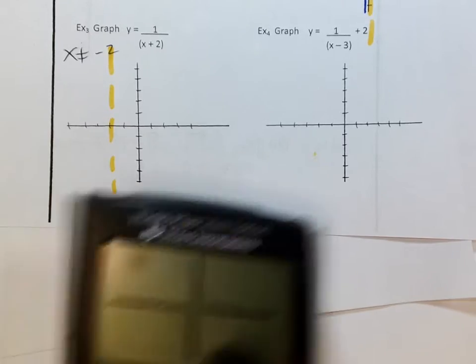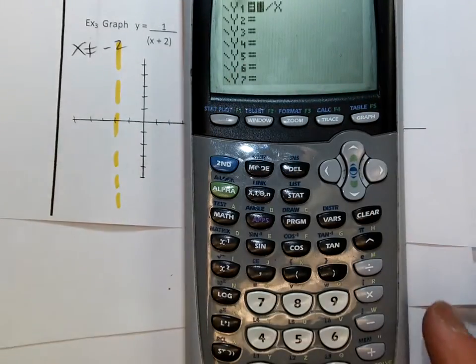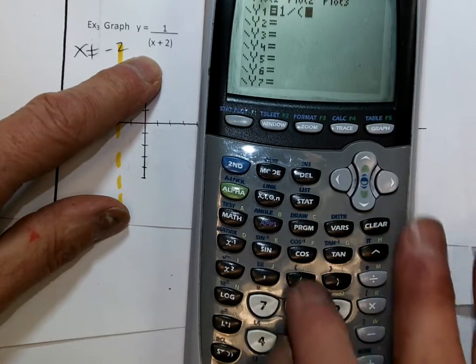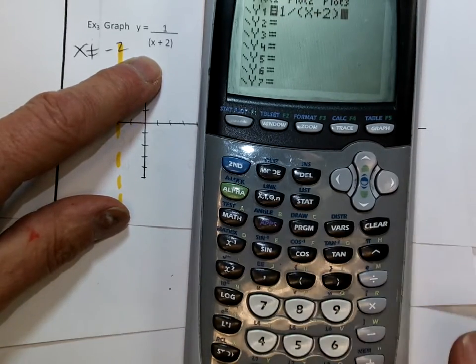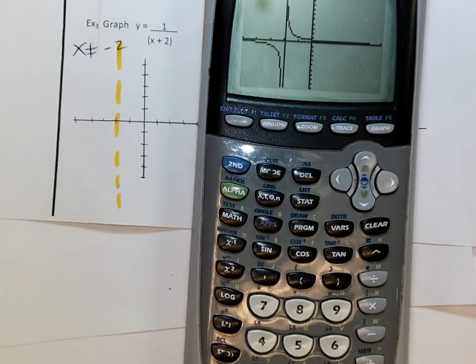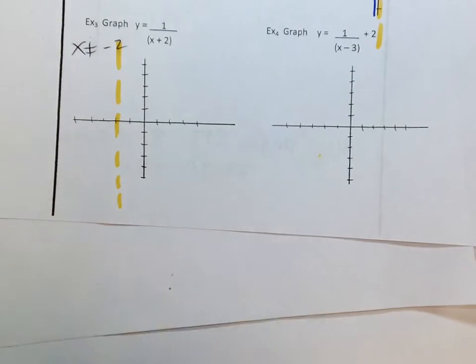Well, let's put it on my calculator. Let's take a look, okay? So I'm going to go 1 divided by parentheses x plus 2, okay? And if I graph that, let's see what I get. Sure enough, there's my asymptote, right? Exactly where I thought it was, right? So I'm going to go ahead and graph that in.